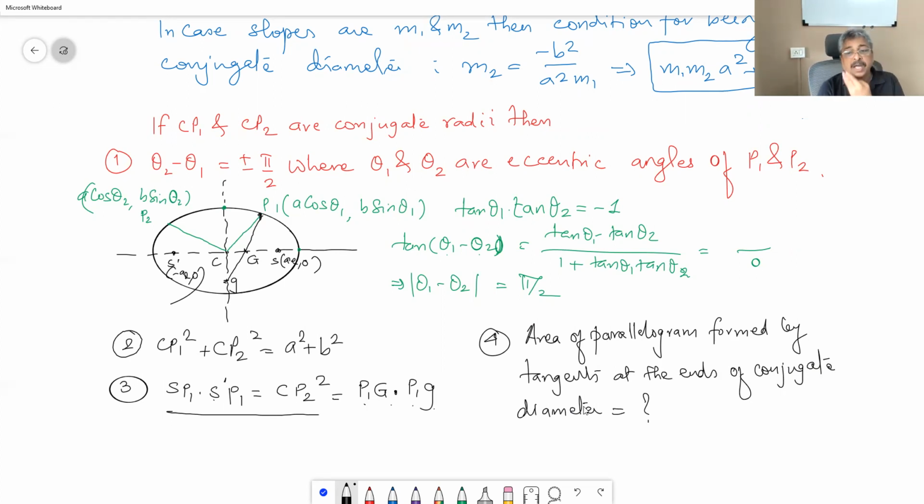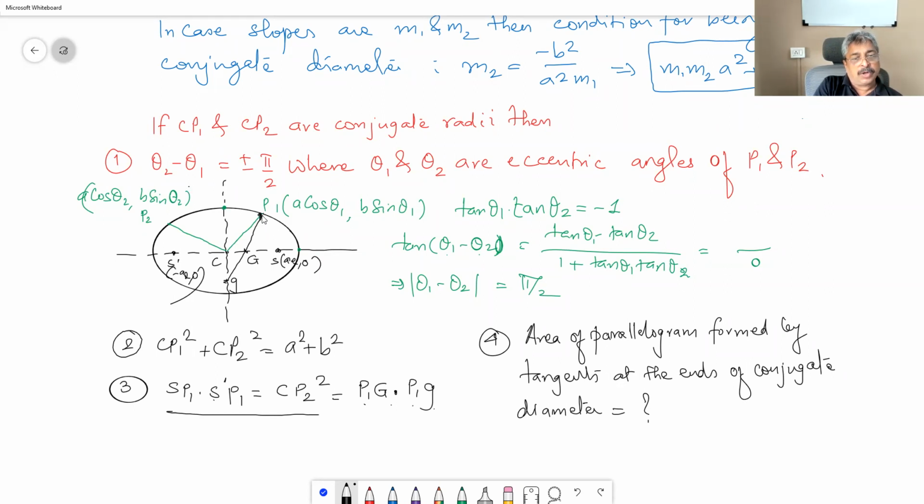Find out what is the area of the parallelogram formed by tangents at the extremities of conjugate diameters. If you draw tangents at the extremities of the conjugate diameters.